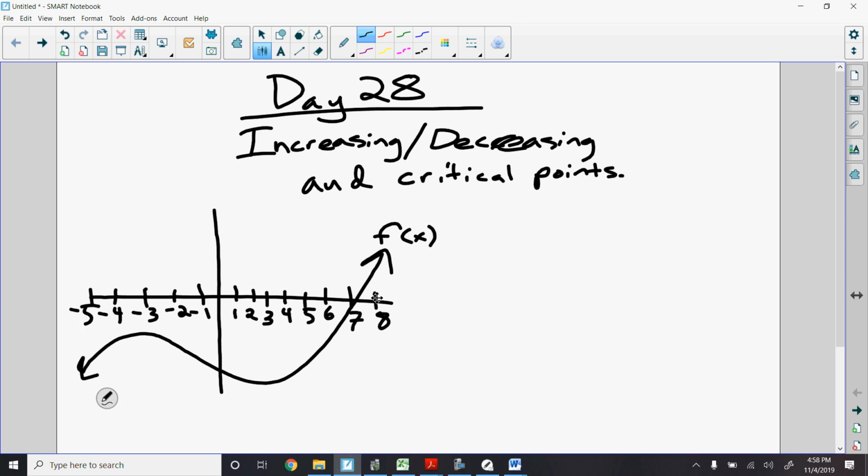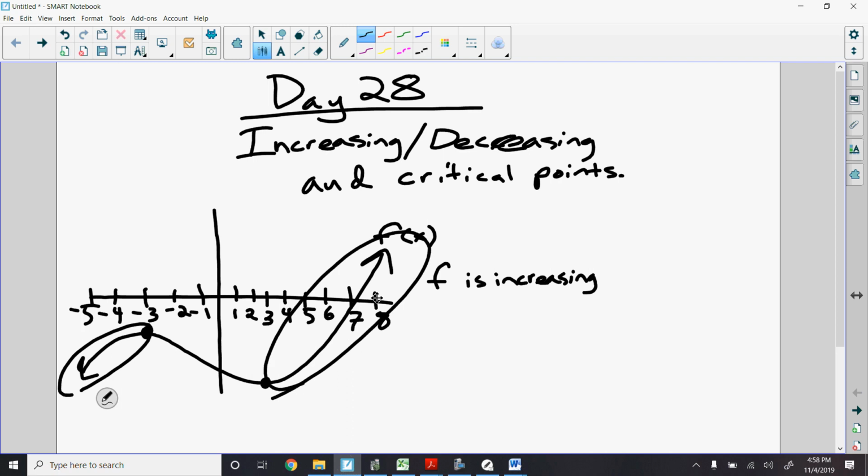So f is increasing on this stretch right here, and then this stretch right here.